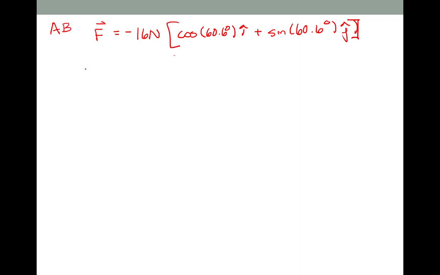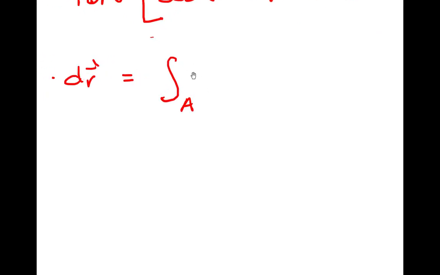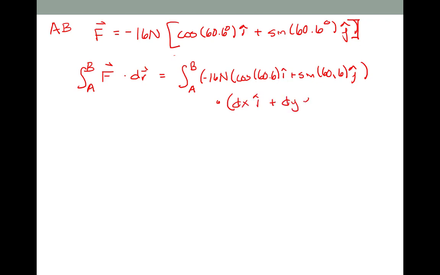Now when I take the integral from A to B of f dot dr, I get the integral from A to B of negative 16 newtons times the cosine of 60.6 i hat plus the sine of 60.6 j hat dotted with dx i hat plus dy j hat. That's my dr in this case.